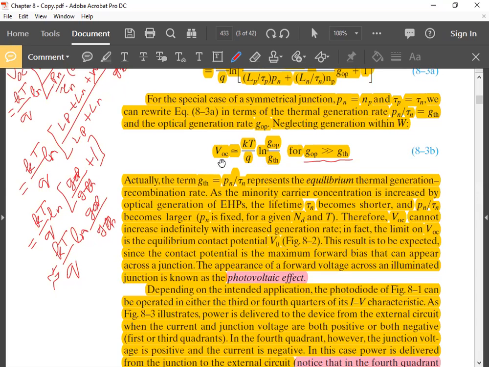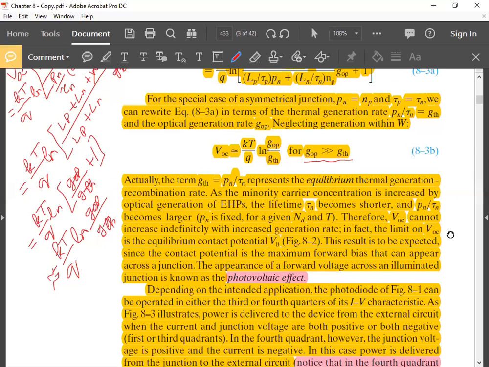From common sense, since this is equivalent to a forward voltage, what is the maximum value of forward voltage you can get across a PN junction? 0.7, 0.8, something like that. The contact potential. So the maximum limit of VOC is V_O.